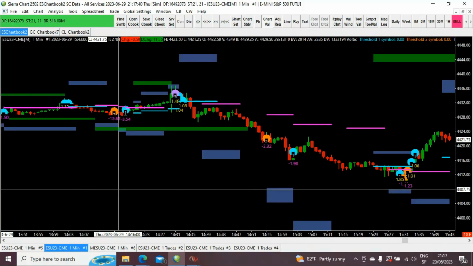And what Voltic is doing is monitoring the speed and volume of trading at a particular time. And basically, it prints these colored dots on the chart where it finds that the current speed and volume of trading is significantly abnormal, put it that way.